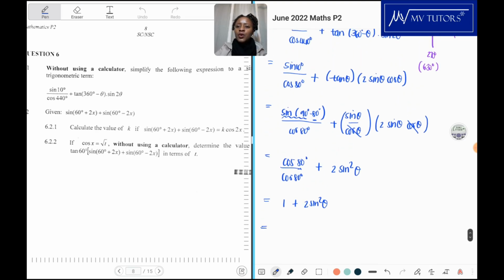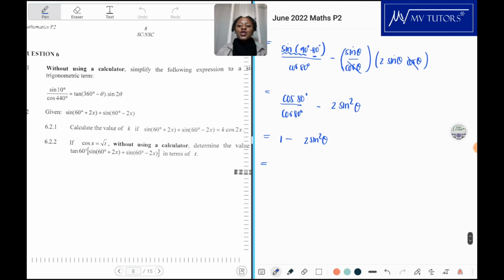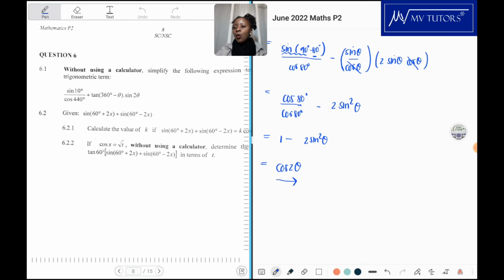No, there was a negative here. All of this should be negative, because now I'm thinking, am I really done? So this is supposed to be negative, and even here, negative 1 minus 2 sine squared theta. I realized that 1 minus 2 sine squared theta is a double angle of cos. So at the end of the day, I have cos 2 theta. And that is 6.1 completed.